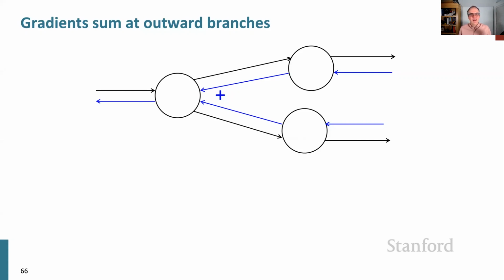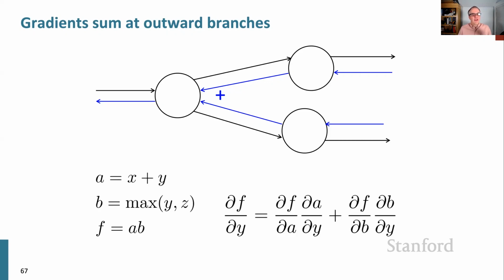Once you have multiple outward branches, what you're doing is summing. So when you want to work out df/dy, you've got a local gradient, you've got two upstream gradients, you work it out with respect to each of them as in the chain rule, and then you sum them together to work out the impact at the end.